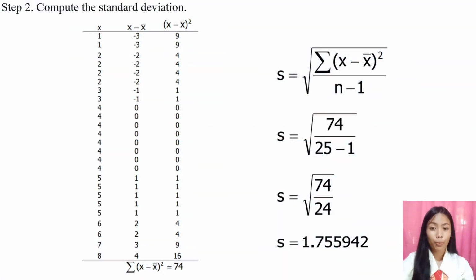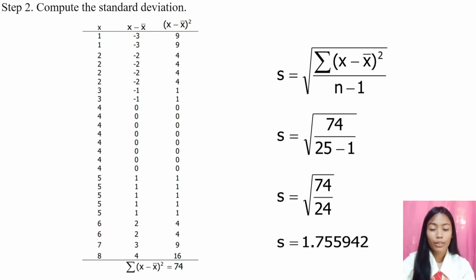Step 2. Compute the standard deviation. In computing the standard deviation, we need the summation of x minus mean squared. So first, based on the example chart, the first column there is x. These are the identified ages in our problem stated before. And then, x minus mean.